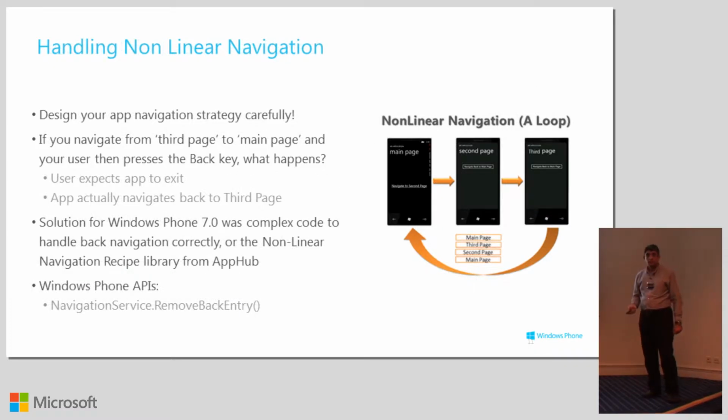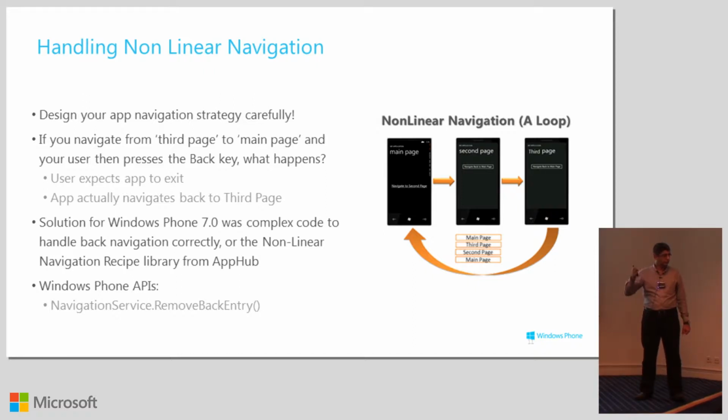How do you handle nonlinear page handling? Till now we saw navigation that was very linear. We went from page 1 to page 2, page 2 to page 3, and then we went back. But what if your application is, let's say, a newspaper application where people could move between pages?